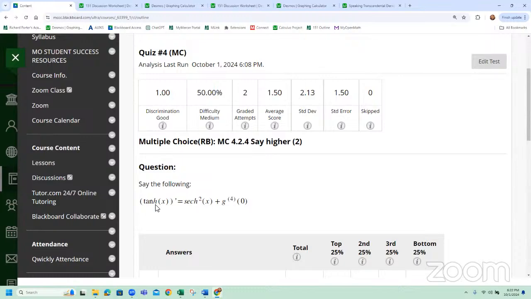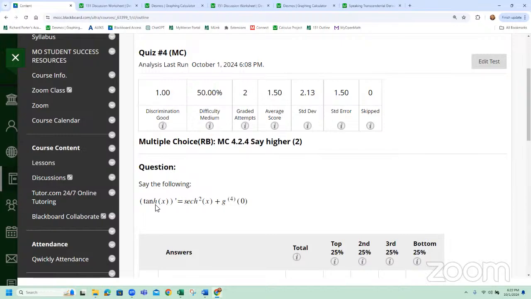Hyperbolic. Hyperbolic tangent of X. You don't even have to say that, you could just say hyperbolic tangent. What's the little prime mean?